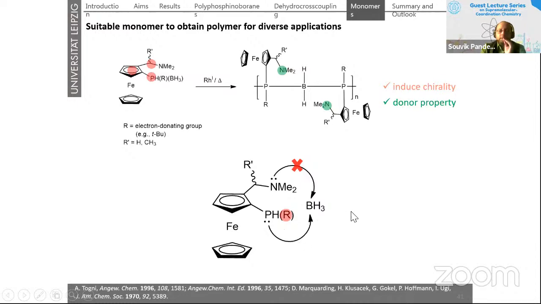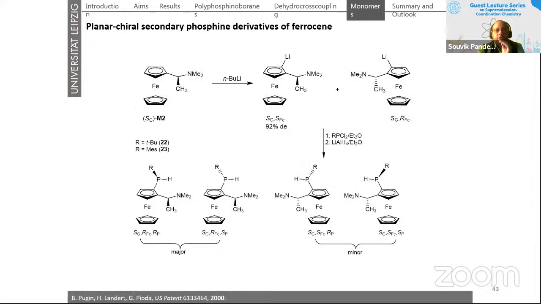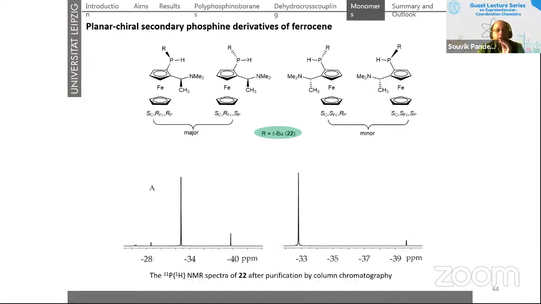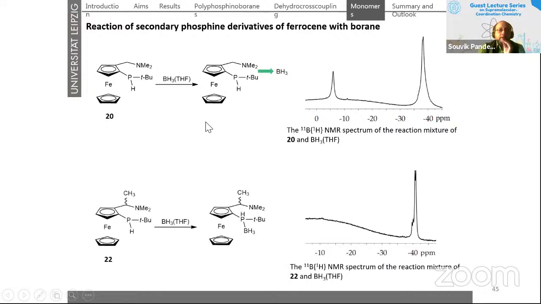Actually, I'll not go into the details of this chirality factor. I just want to inform you of one thing at the end: somehow I got a product here. You can see with this glycamine, when I have the tertiary group attached to this phosphorus, this is the boron NMR.